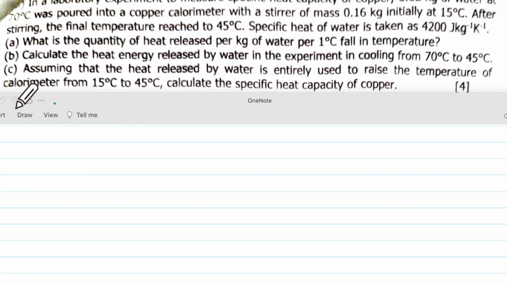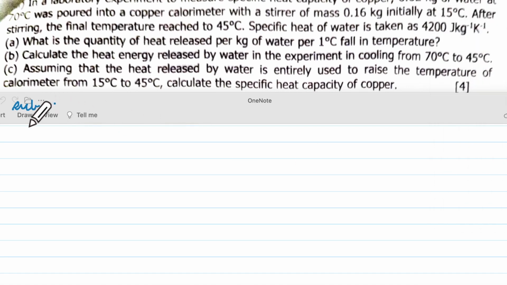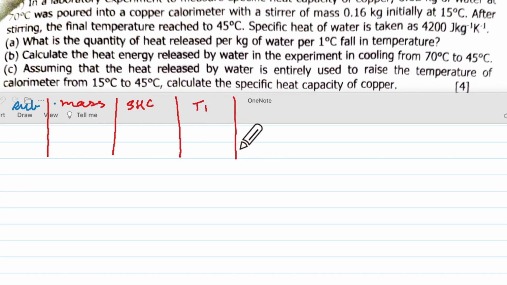So the first column is substance, then we'll have the mass, then we'll have the SHC. Please make the columns. Some of you are just not drawing the vertical columns. So please draw the columns T1, T2 and delta T.